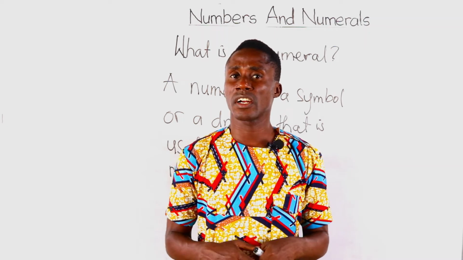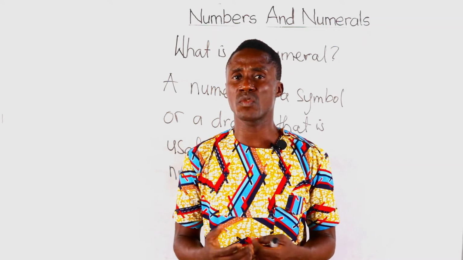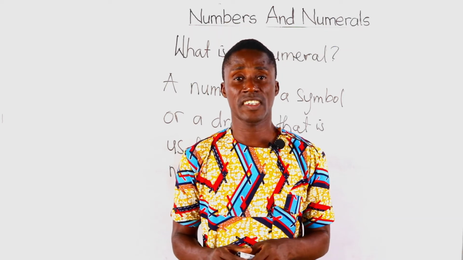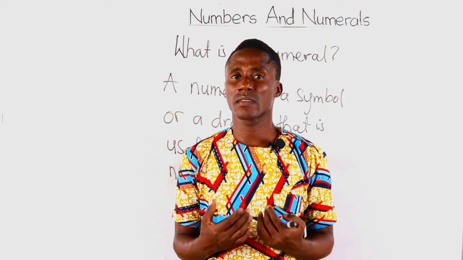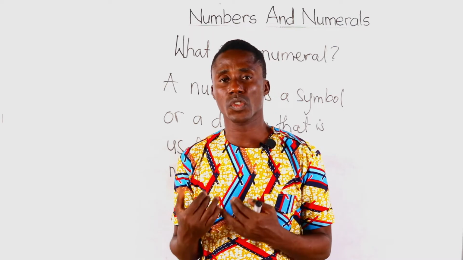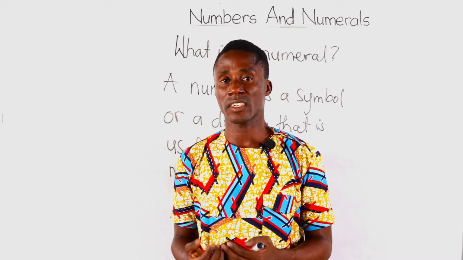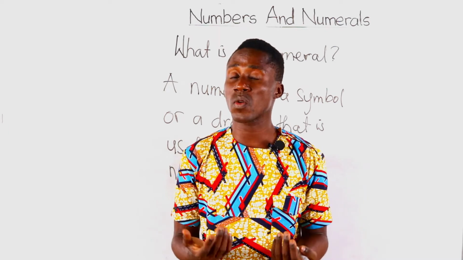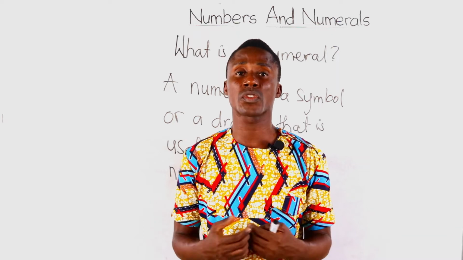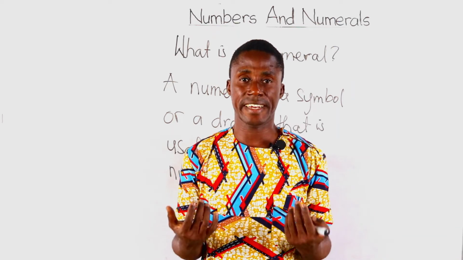Then we came to learn what a numeral is. And we said a numeral is a symbol that is used to stand for a number, or a numeral is a symbol or a drawing that is used to represent a number.